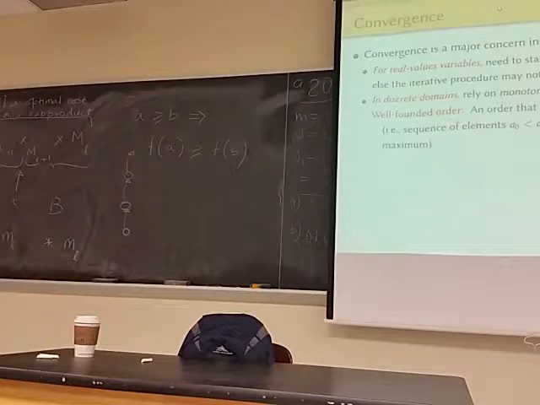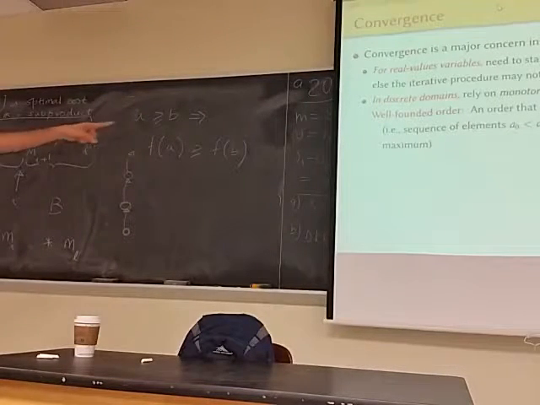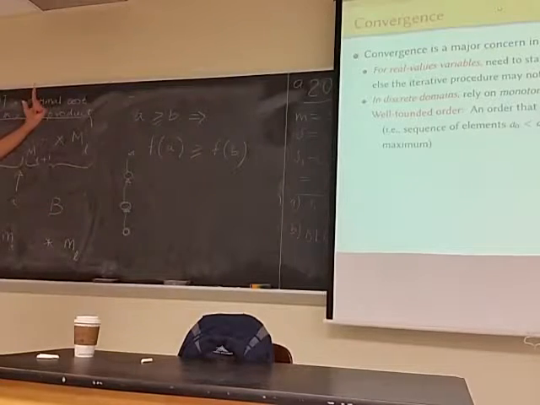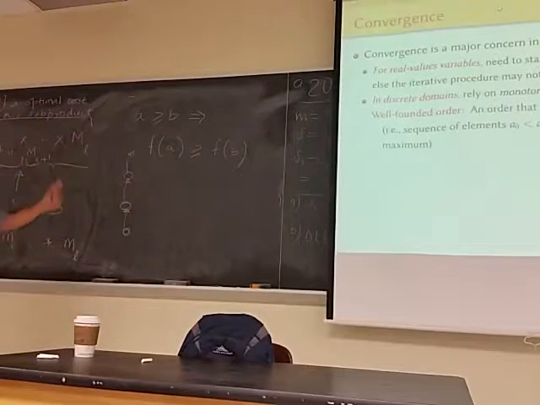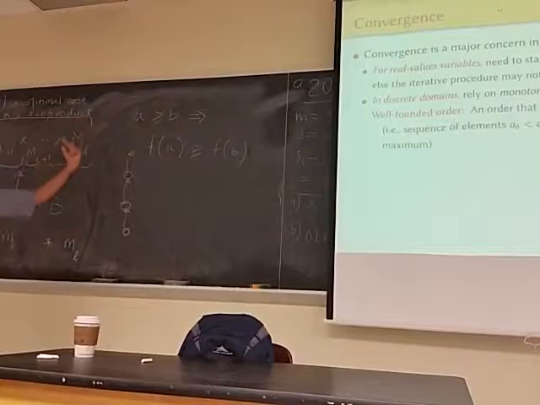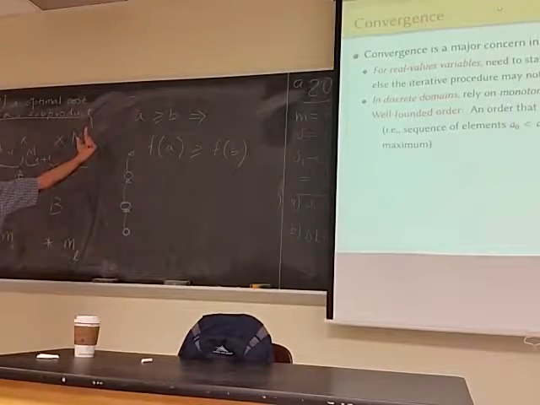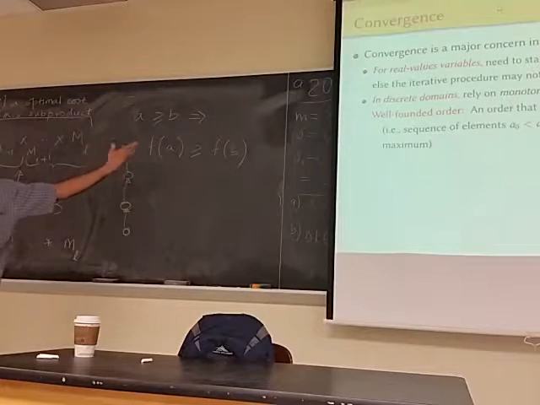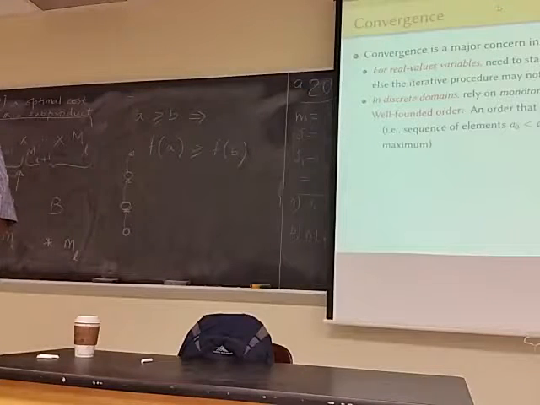Because in discrete domains, everything is finite. There isn't a way to go up infinitely, right? So in a well-founded order, you cannot go up infinitely, and therefore if you can go up only a finite number of times, and you can never go down, well, that means that you're going to reach your solution. Okay?